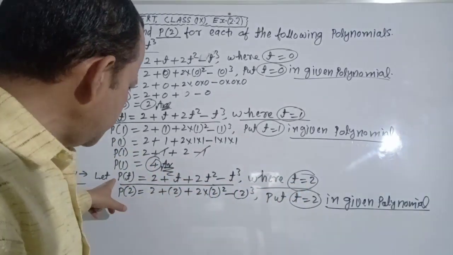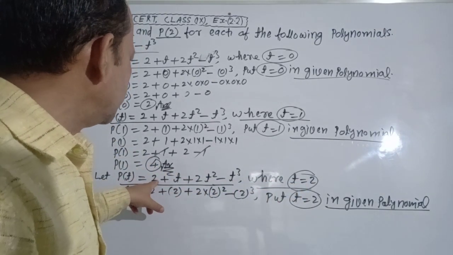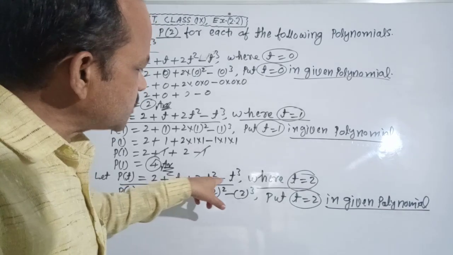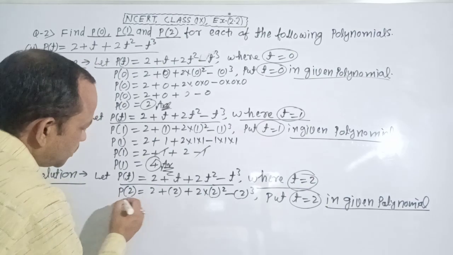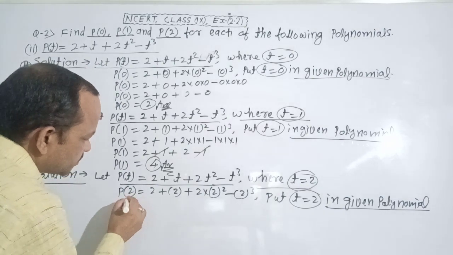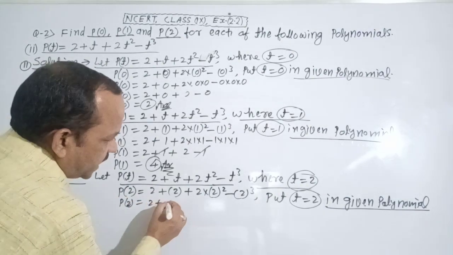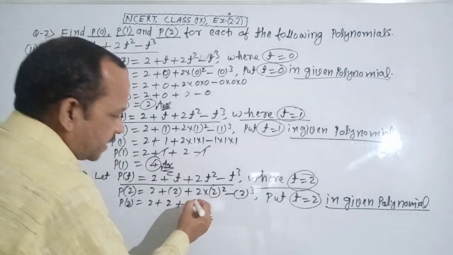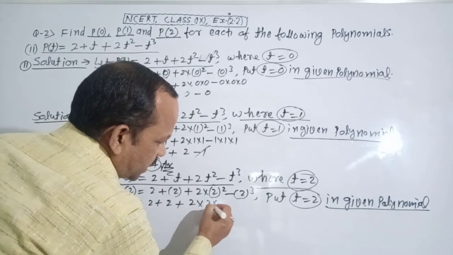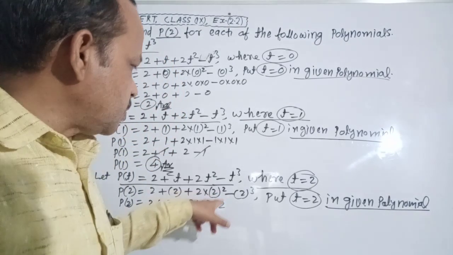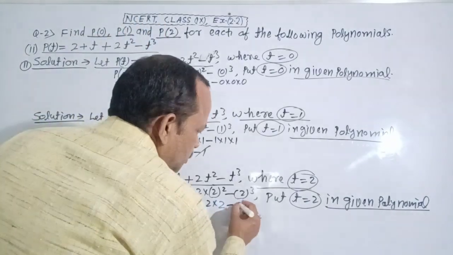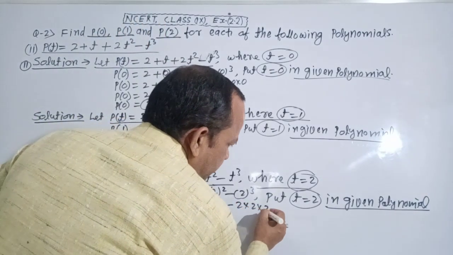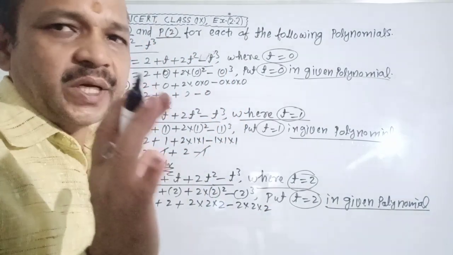The given polynomial is p(t) equal to 2 plus t plus 2t square minus t cube. Clear? p(2) equal to 2 plus here 2 multiplied by 2. 2 square means 2 multiplied by 2. Clear? Minus 2 multiplied by 2, three times. It is clear?